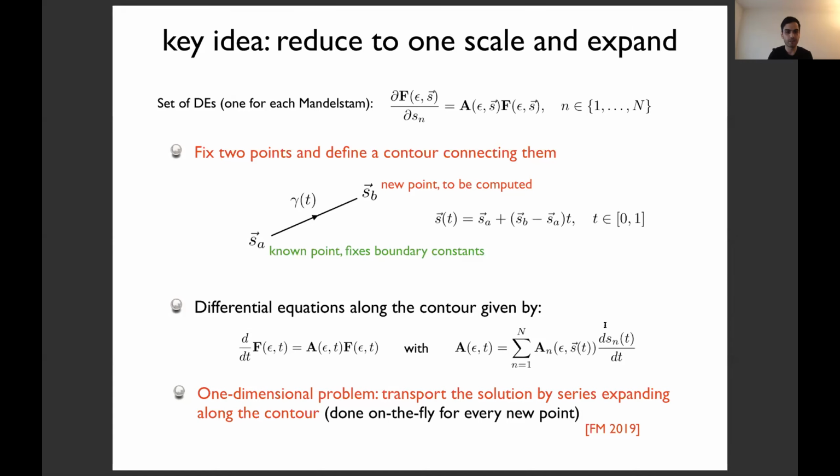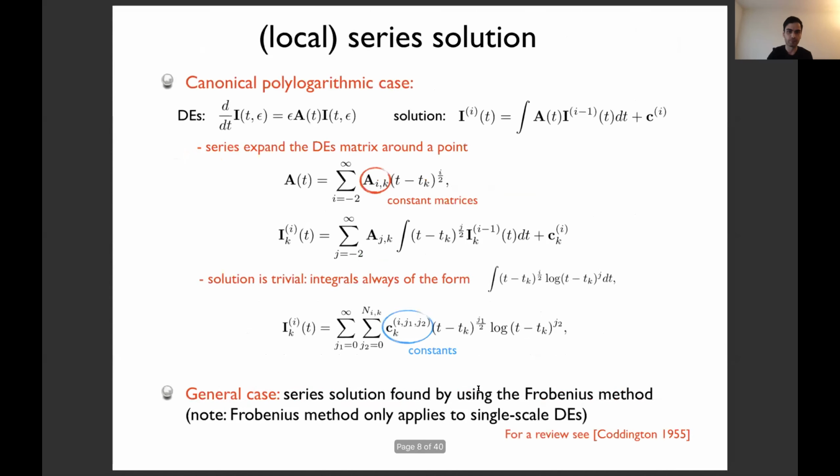And the idea is the one of transporting the solution from the known boundary point to the target point that we want to compute. Let me stress already here that this will have to be done on the fly for every new point. For every new point I want to compute, I will have to redefine my differential equations along the new contour and series expand around this new contour. But I will show you later that this can be done in a very efficient way.